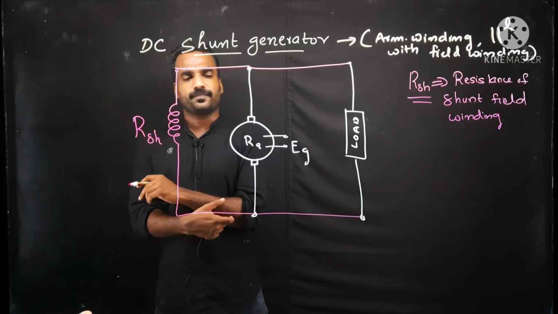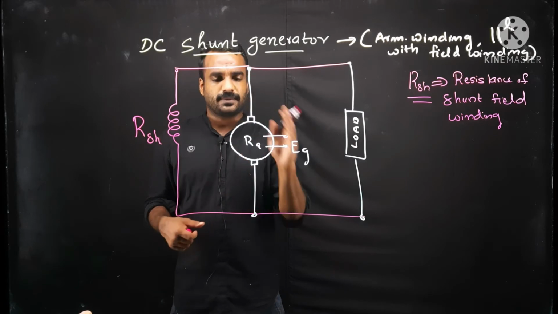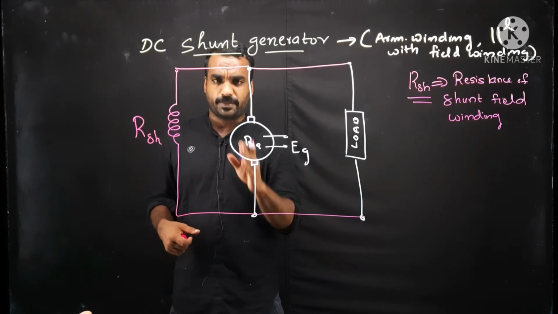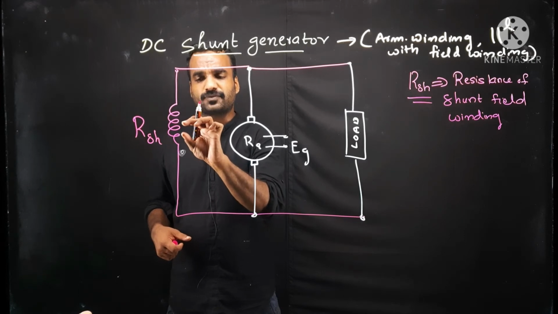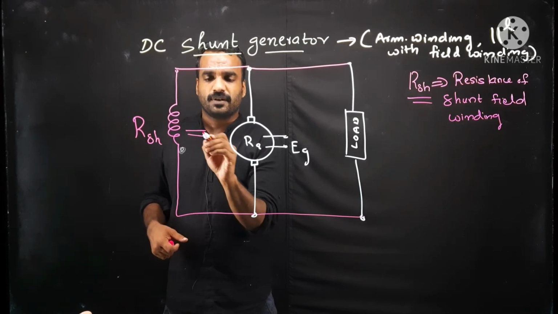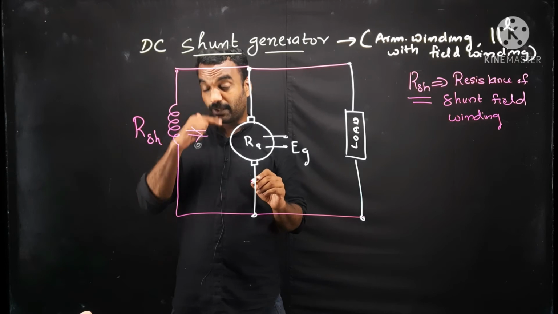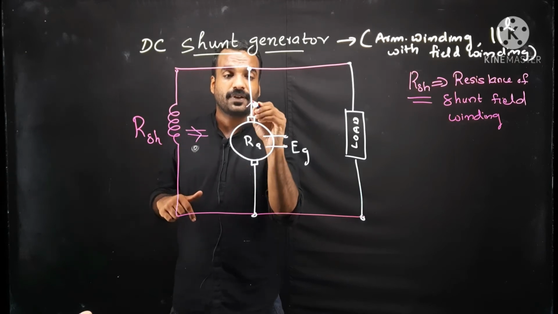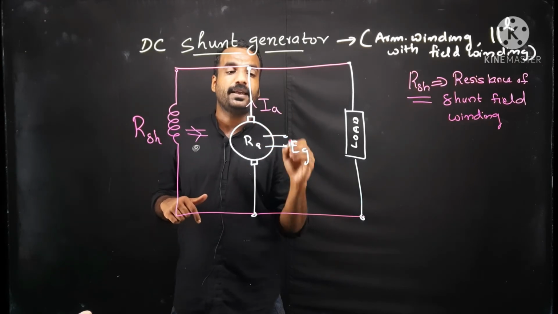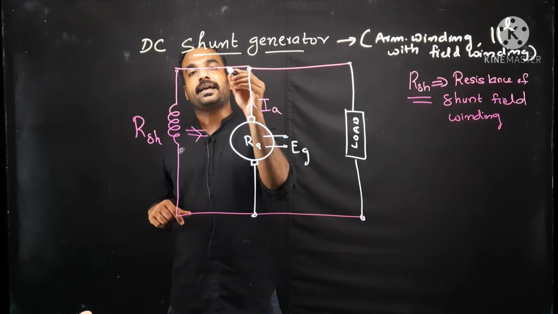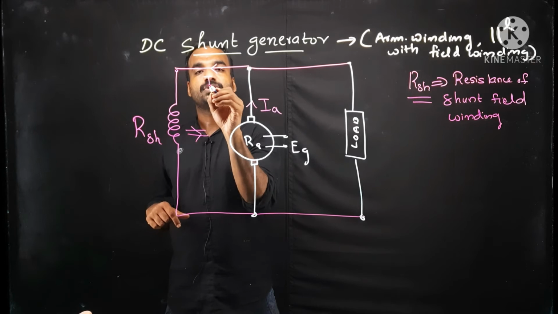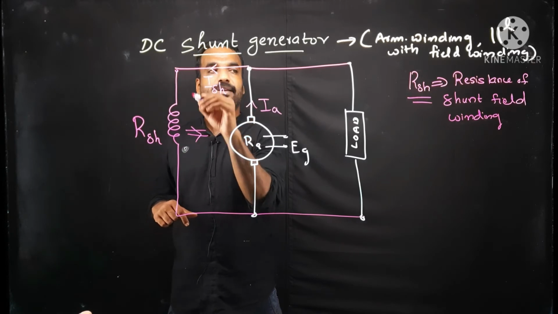Okay. So now let us try to rotate the armature. Initially we will have a small flux from the field winding, that is residual flux, and by cutting the residual flux a small current IA is produced, and a portion of this IA will again go to the field winding.